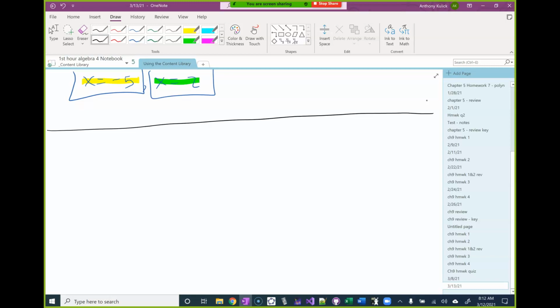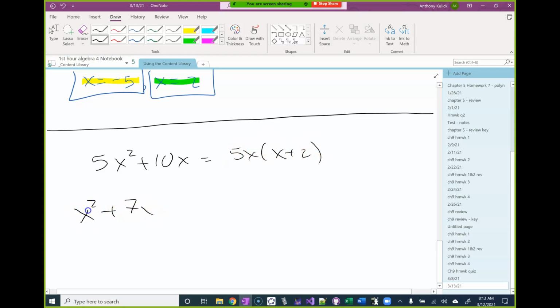So I'm going to tell you right now, all of the things that look like they should have been able to be factored could be factored. So if you couldn't figure out how to factor it, it was factorable. You might just have been trying to do the wrong thing. Remember, there are 2 major ways that we factor things. You can take out a greatest common factor. Or you can worry about multiplies to give and adds to give, if you have a trinomial. So where did the 7 come from?